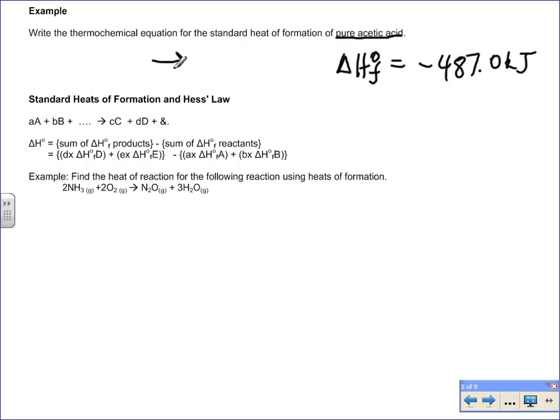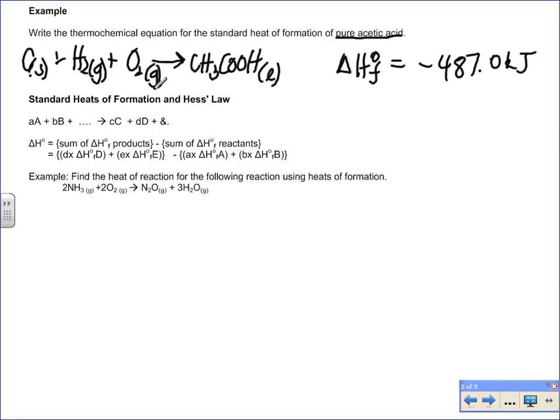When you're writing reactions for these, you're going to want to start from the product side because, by the definition, we're always forming 1 mole of that substance. In this case, our acetic acid is a liquid. The elements that we're going to use to form it are carbon, hydrogen, which is a gas and it's diatomic, and oxygen, which is a gas and it's diatomic.